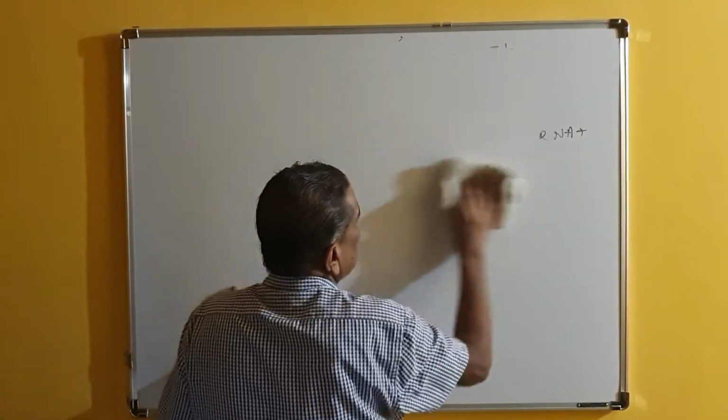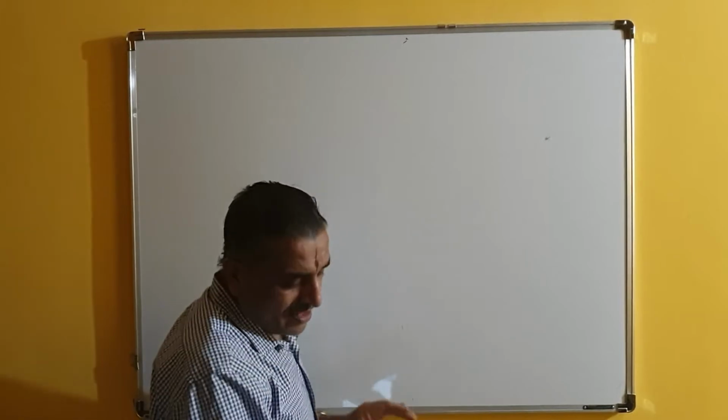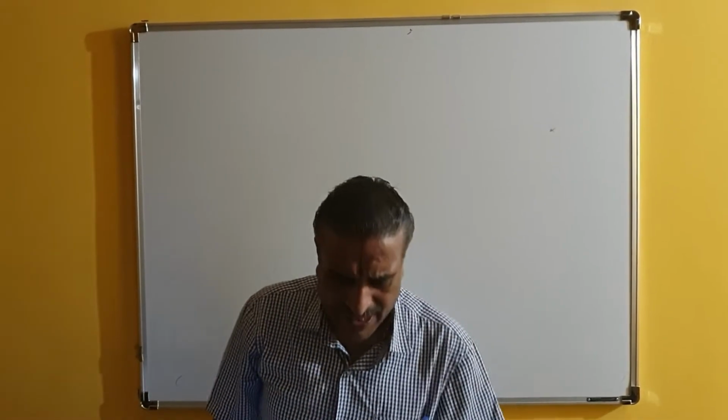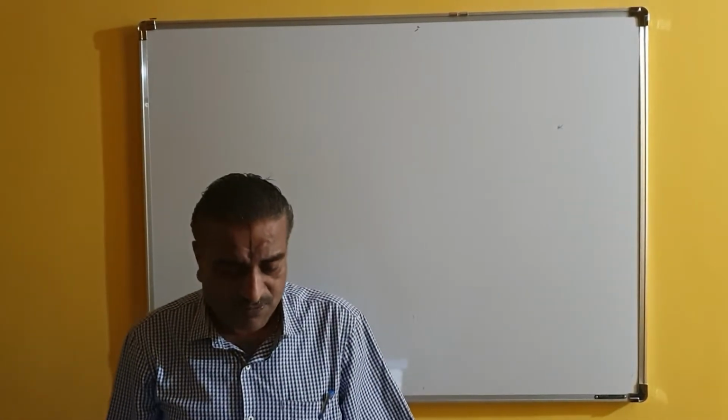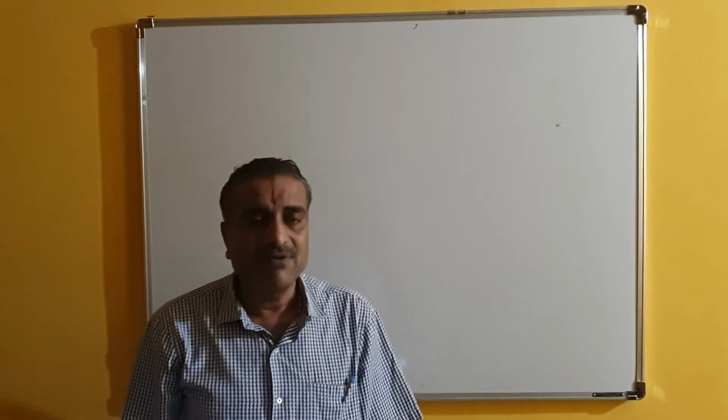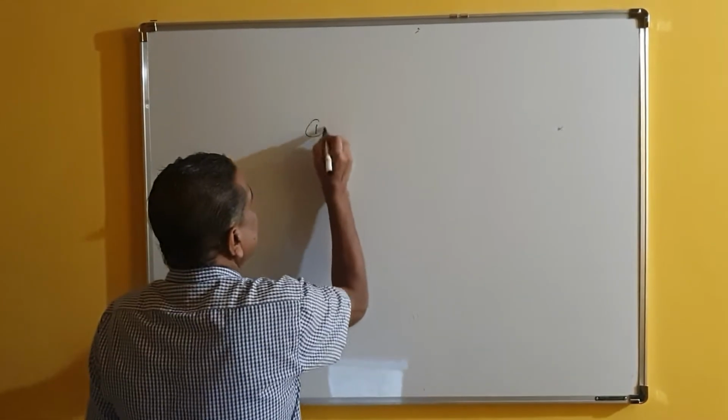Apart from this, I will just give an idea, not in detail. Apart from normal and giant chromosomes, there are special types of chromosomes. The first one is called supernumerary chromosomes.